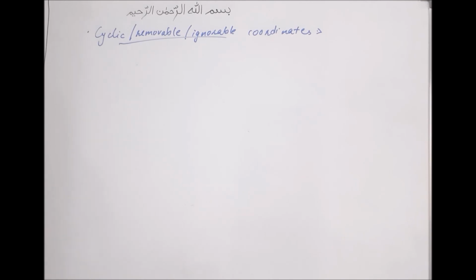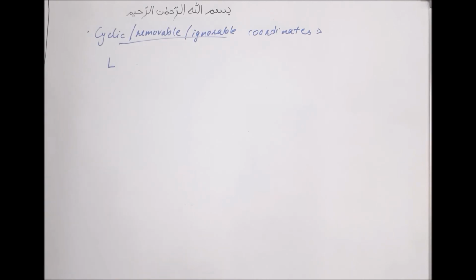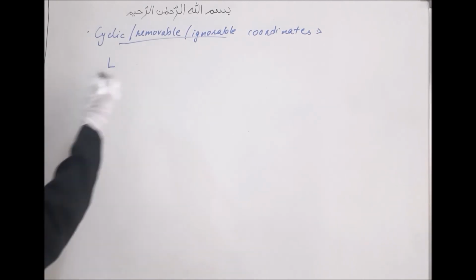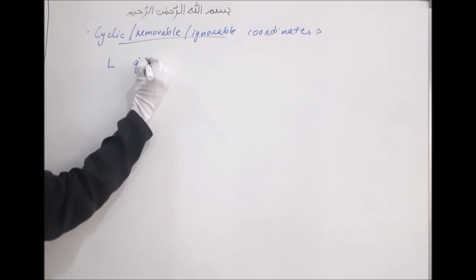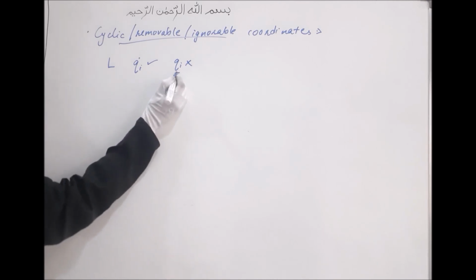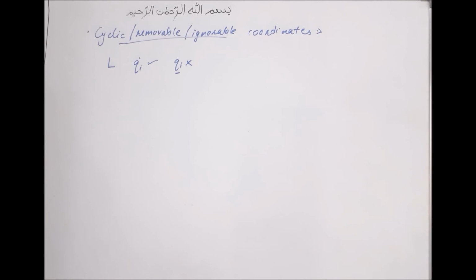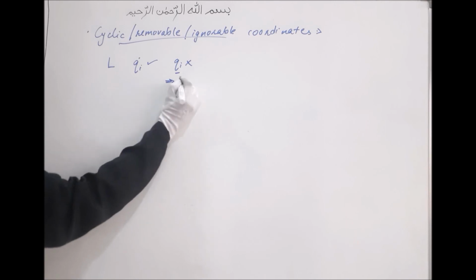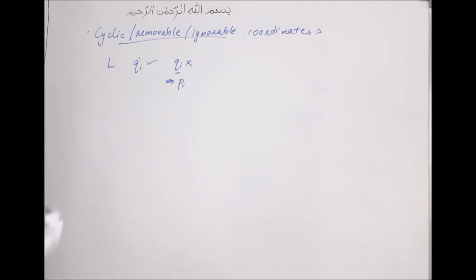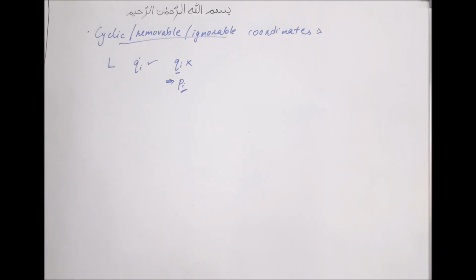What it says is that if the Lagrangian L, which was T minus V, contains the qi dot term but it does not contain the qi term, then this qi coordinate is called the cyclic or removable or ignorable coordinate. And if that is the case, then the corresponding pi is going to be conserved. The corresponding generalized momentum or canonical momentum or conjugate momentum is going to be conserved.